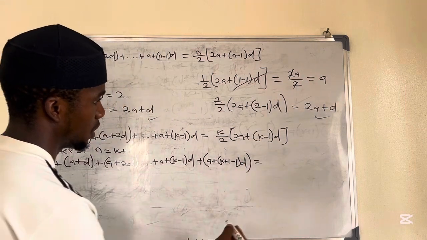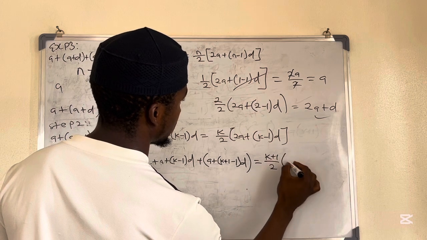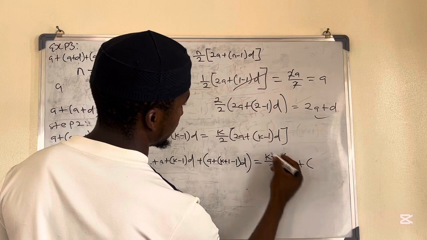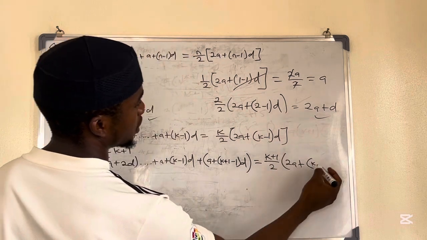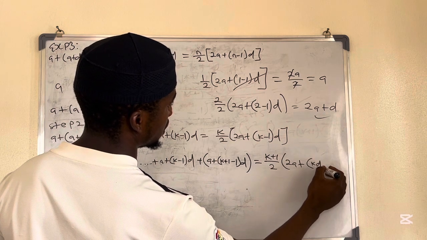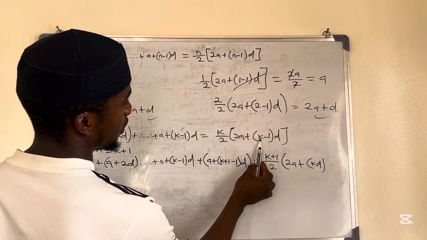So equal to, for the right hand side, anywhere we see k, k plus 1 all over 2a plus in brackets k plus 1. So k plus 1 minus 1 is still k. So we just put d, which is kd, because you're having k.